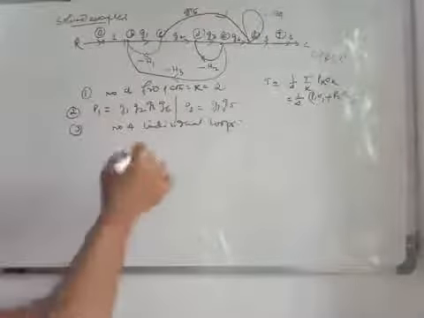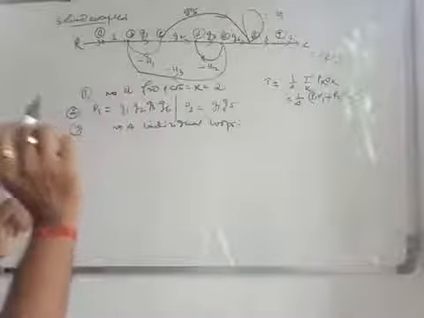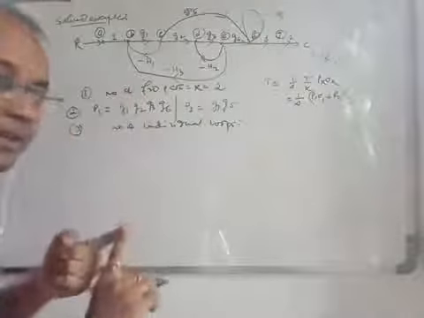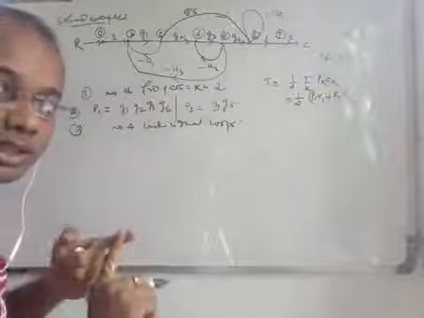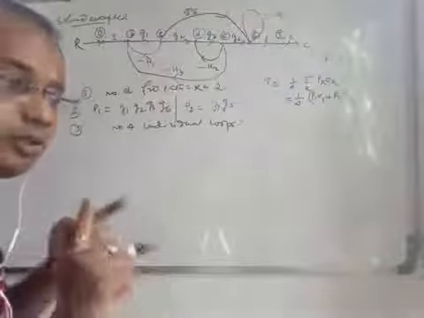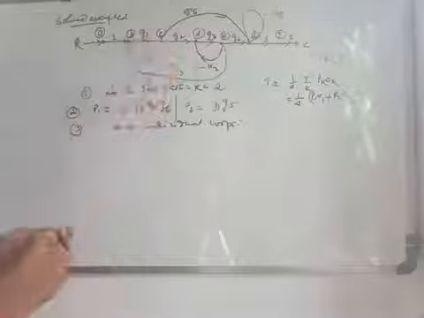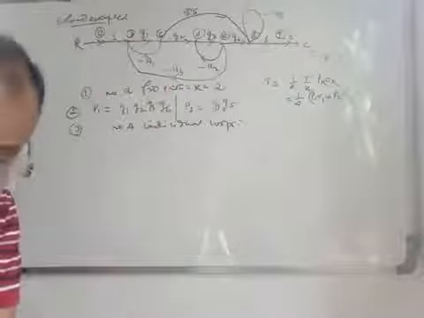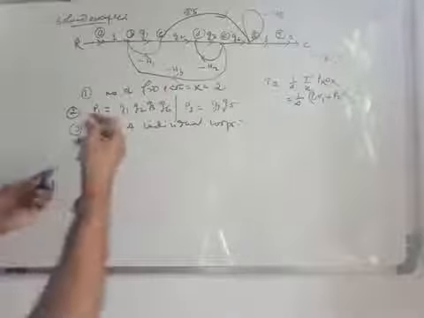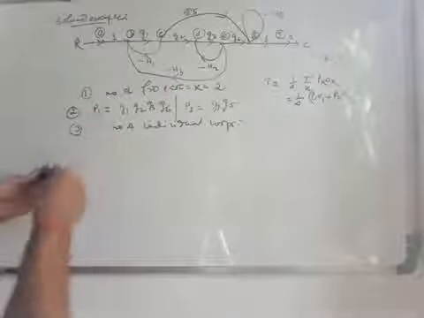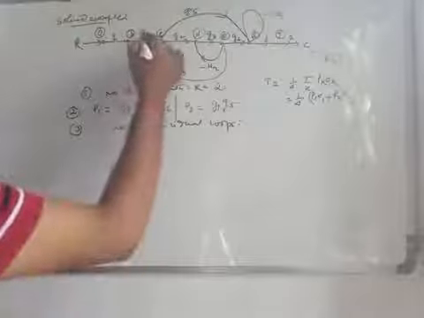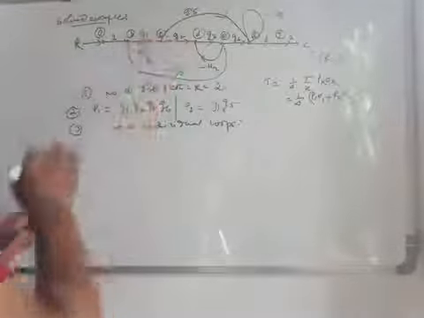Okay, so how many loops are there? Loops mean originating and terminating at the same point without traversing a single node twice. I am repeating, without traversing a single node twice, right? So you see here we will find the loops. You see this is one loop, right?